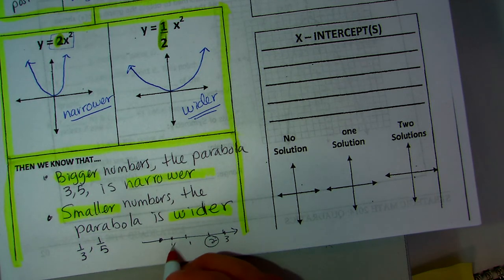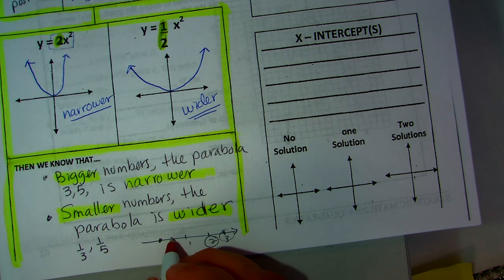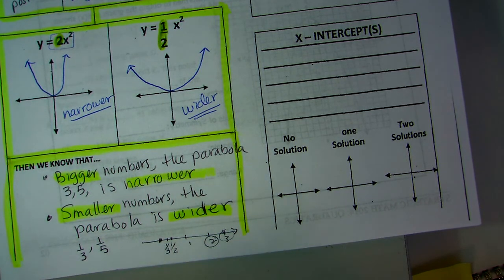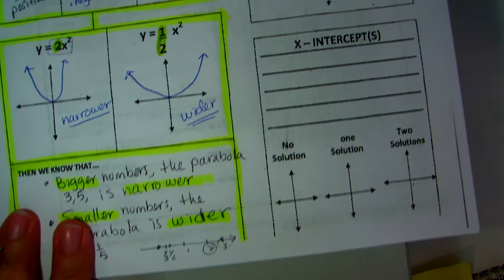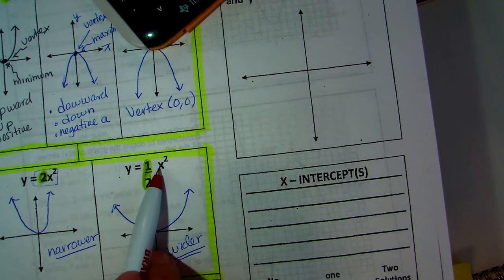This is 1/2. This is a 3. This will be 1/3. Okay, so you see the values, how these are smaller numbers and these are bigger numbers. So when you're comparing two graphs, you have to look at which has a bigger number, which has a smaller number. And it's always the number that is in front of the x squared.